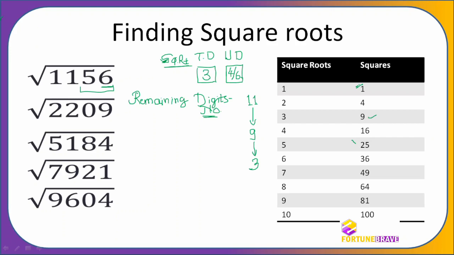Now you can see here that it looks like the square root can be either 34 or 36. Is that clear? But that is not the answer. We have to find out one square root. So how do we do it? We will again take the help of this 3, the first digit. We will multiply this with its next number.